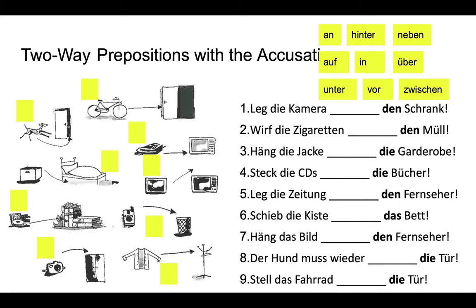Similarly to what you did in the first round, for each sentence you'll look in the pictures to figure out which image matches with the nouns in the sentence. Mark that picture with the number of the sentence, and then move the correct preposition to show where the item is going. And notice also that all of my articles in bold there are in the accusative case. Pause the video now and come back to it when you're done.